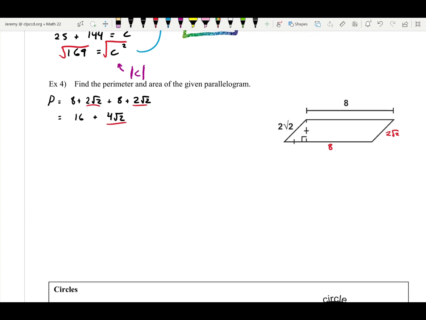Now simplifying from here, adding these two numbers together is not a simple task. If we wanted to give an exact answer, we could just use this as our answer, 16 plus 4 root 2 units squared. Or actually in this case, since it's a perimeter, it would just be units.